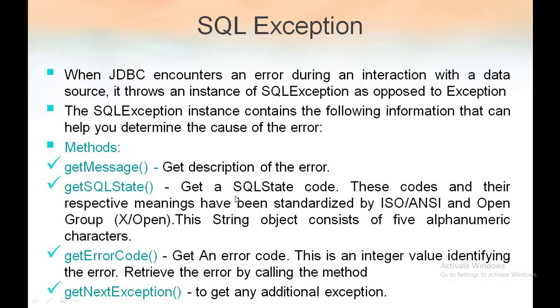These consist of 5 alphanumeric characters. The getErrorCode method is used to get an error code. This is an integer value used to identify the error. getNextException: you can get the next exception using this method.